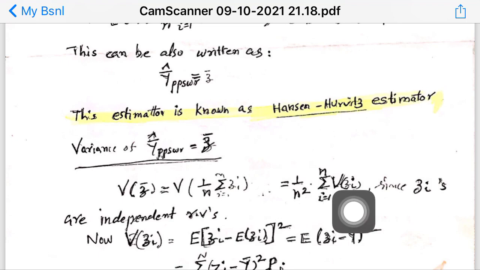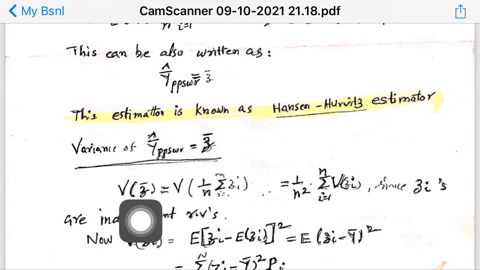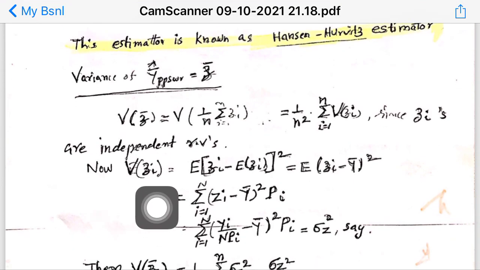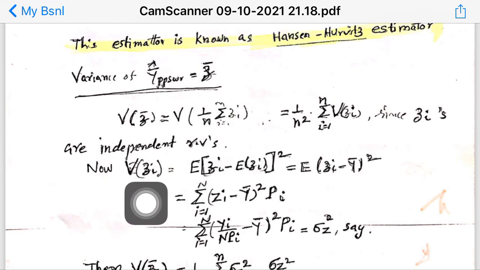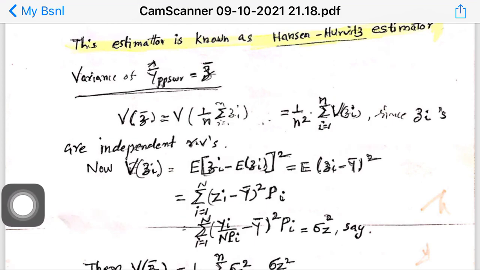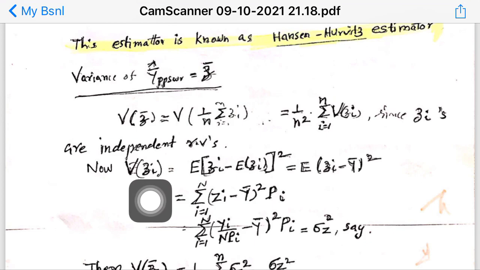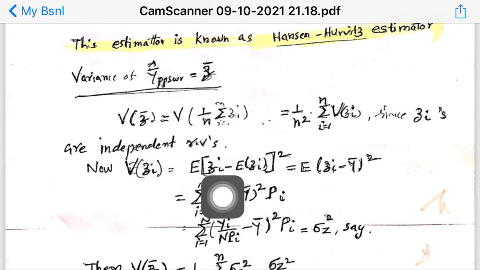Now we find what is variance of Zi. After finding this variance of Zi, we will substitute here so that you can find the variance of Z bar. First find out variance of small zi. Small zi is a statistic, therefore you can find the variance of that statistic first. By definition, variance of any statistic is equal to expectation of that statistic minus its expectation, the whole square.